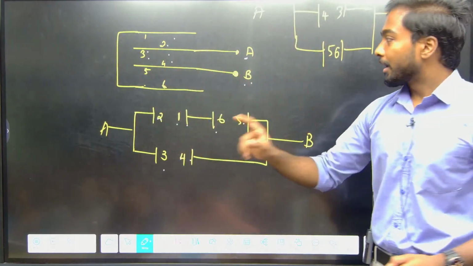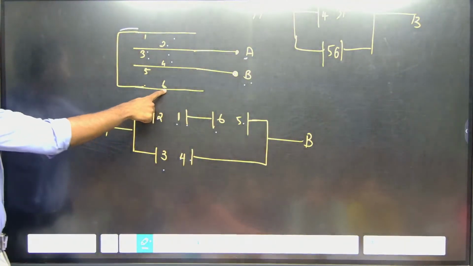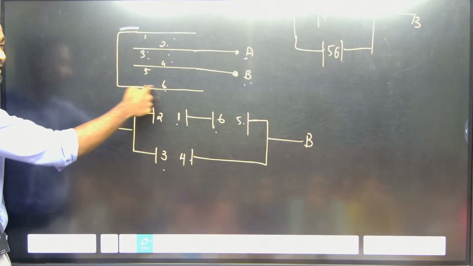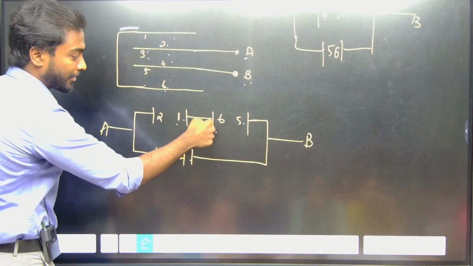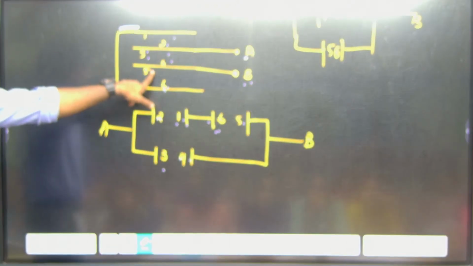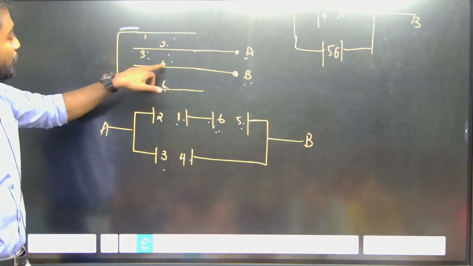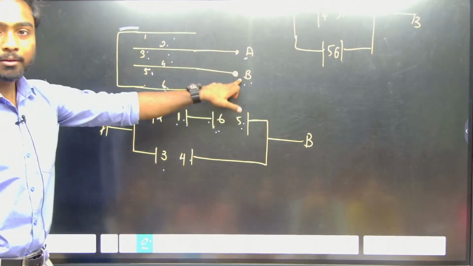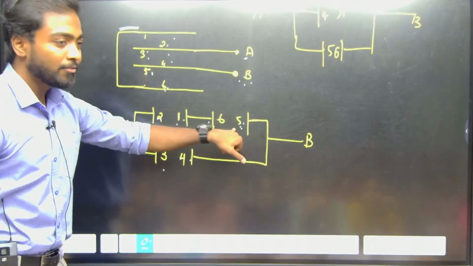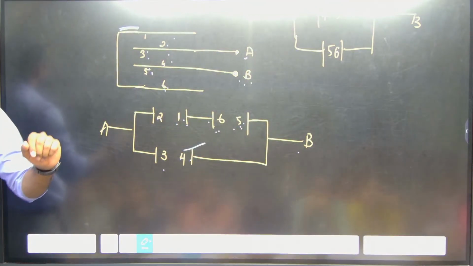That's it. Now if I see 1 is connected with 6. Yes, no? 1 is connected with 6. So it has been connected with 6. Connection has been completed. And 6 is opposite of 5 I have taken. Now 4 and 5 are connected with B. Circuit has been completed. Take down.